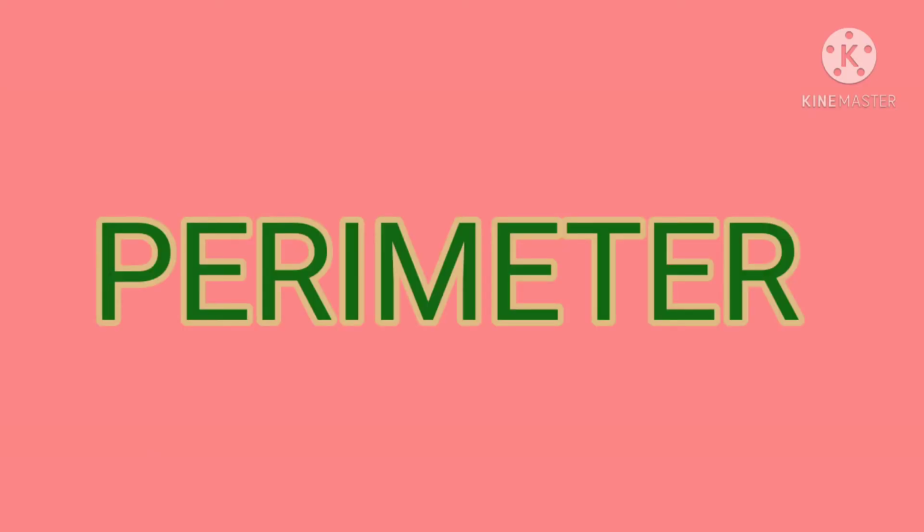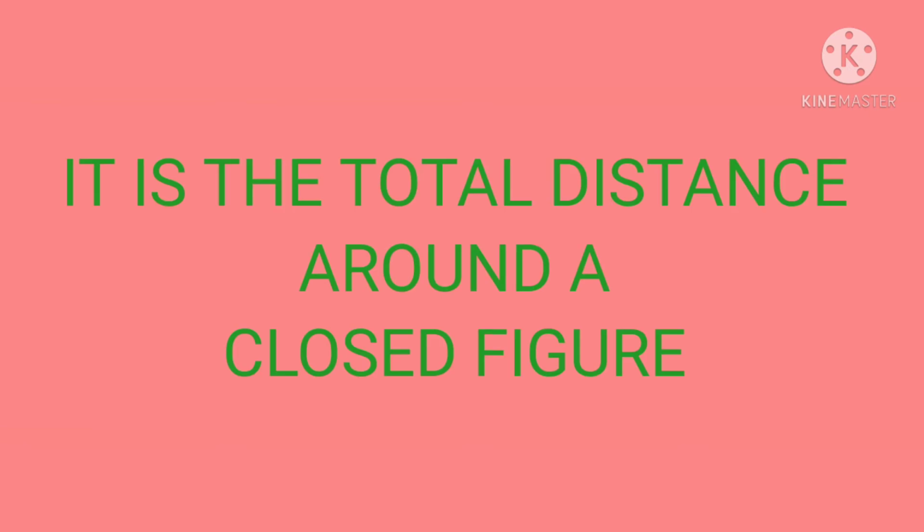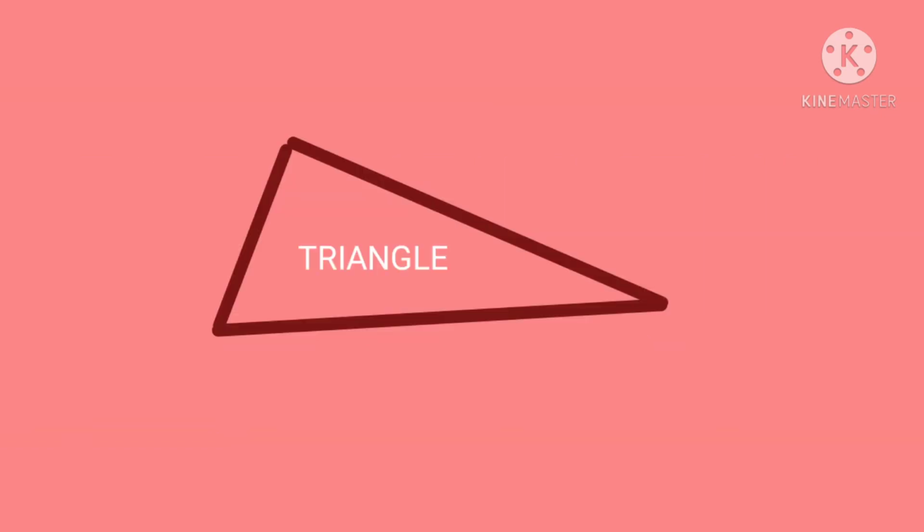Perimeter is the total distance around a closed figure. So now, let us find out the perimeter of some given shapes. Now, here is a triangle whose sides are 5 centimeter, 6 centimeter and 3 centimeter. So now, let us find out the perimeter of the figure.